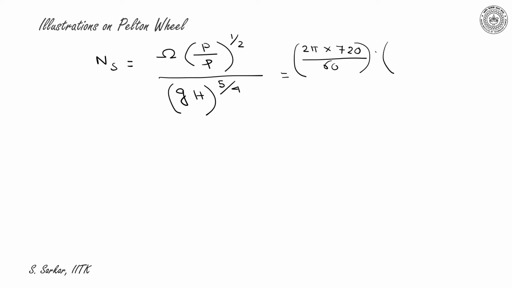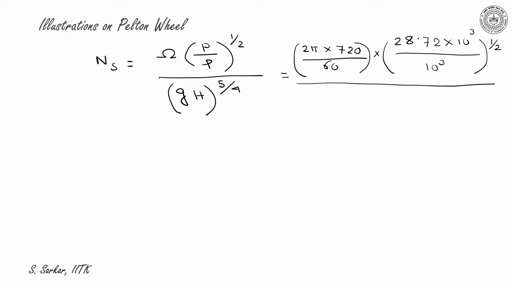Power I have evaluated as 28.72 into 10 to the power 3, divided by rho, which is 10 to the power 3, whole to the power half, whole divided by g, which is 9.81, into head 91.5, to the power 5 by 4.